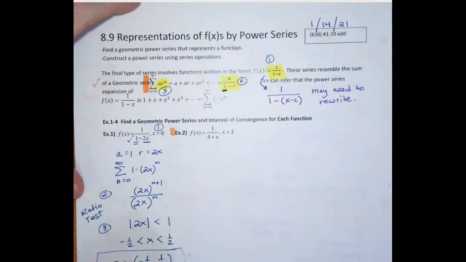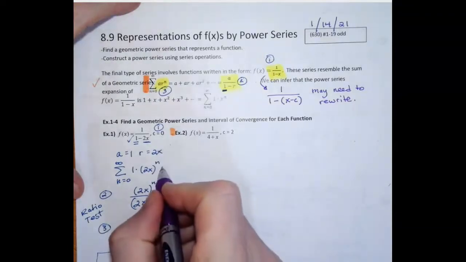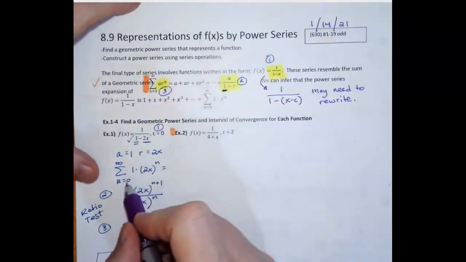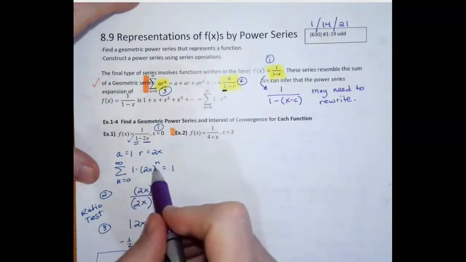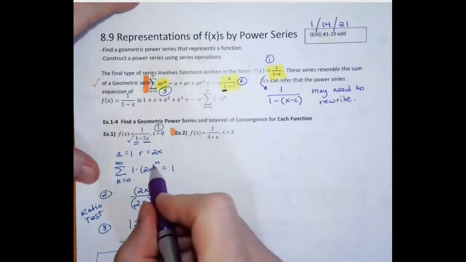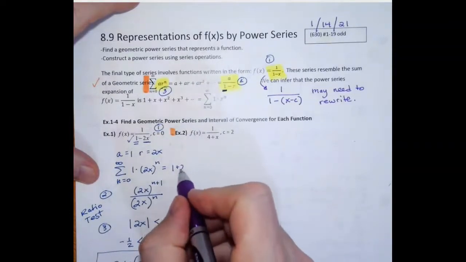Alright, now down here, it says use long division on example 1 to determine the geometric power series. Now, we could actually use this to show the geometric power series. So we could plug in a 0 right there and we would get 1. And then we could plug in a 1 there and we would get 2x.